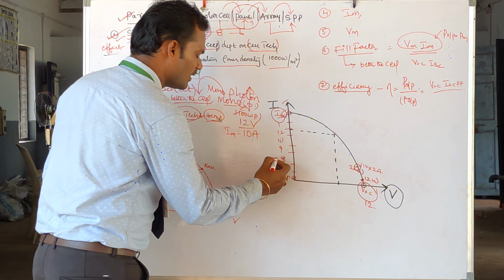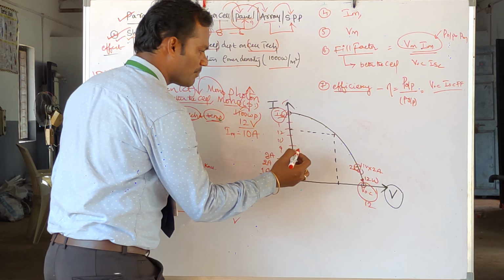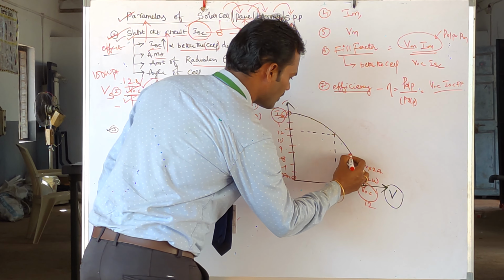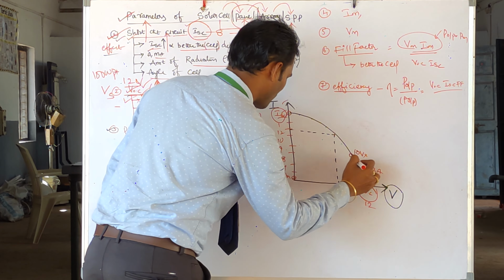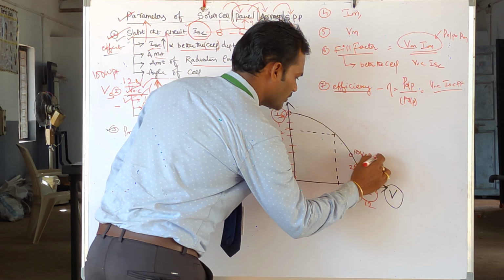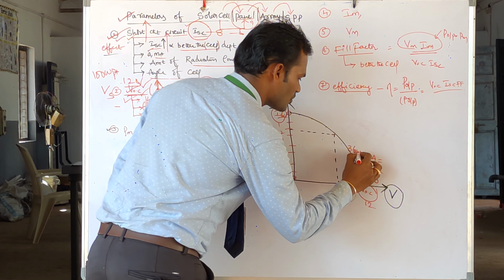Similarly at 8 a.m., let us understand that this is developing 3 amperes. So here it is 3 amperes, and coming to this point, this is developing some 10 volts multiplied with 3 amperes, or directly multiply with 12. So 12 into 3 is how much? 36 watts.